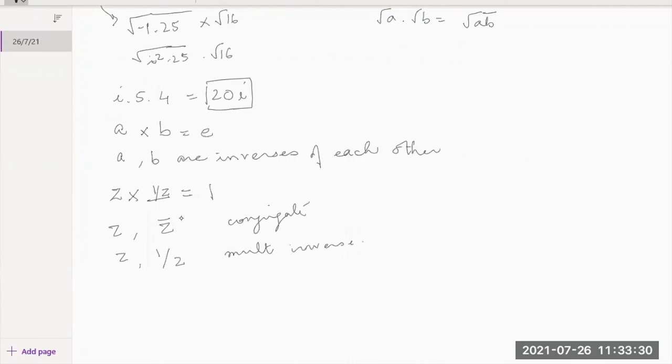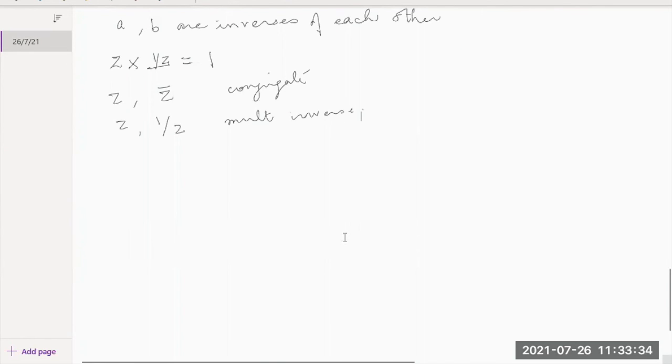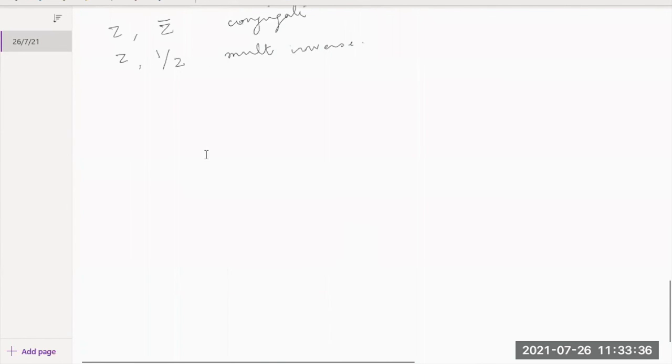Then another thing which I would like to talk about quickly before the meeting ends is the word modulus. When you had, let's say, modulus 3 in class 10, if I had asked you, you would say positive or negative, whatever the number may be inside, the answer would be just plus 3. But now modulus in complex numbers changes. This is the only term which has a different meaning over here.